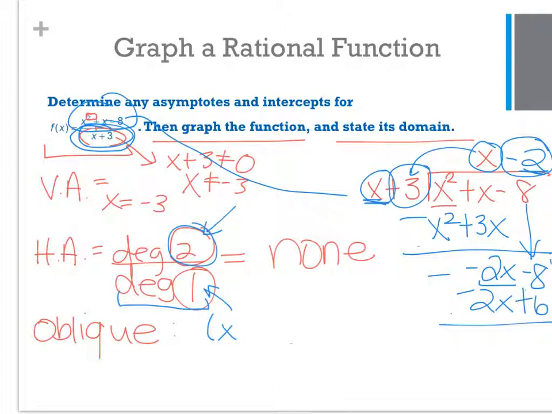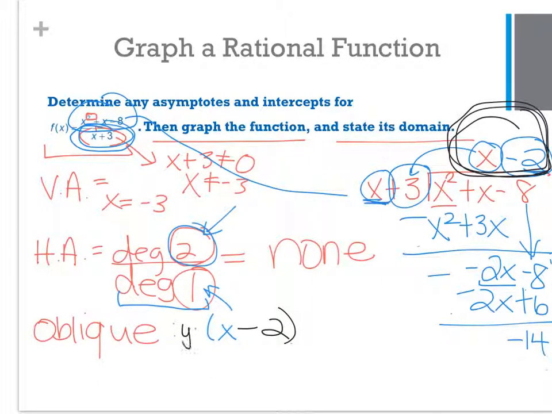And when I subtract, I get a remainder of -14. Now, I do not care about the remainder in this case. The actual quotient of x minus 2 gives me the equation for my oblique asymptote. So my oblique asymptote is 1x minus 2, or y equals x minus 2.